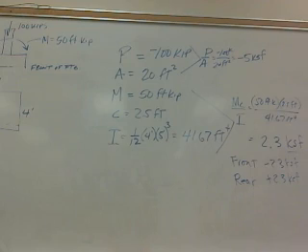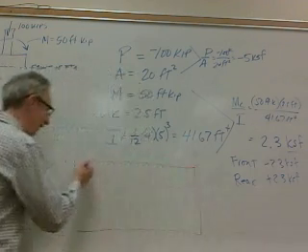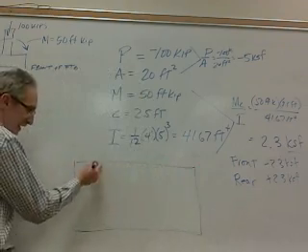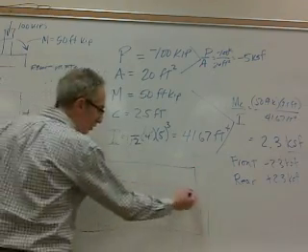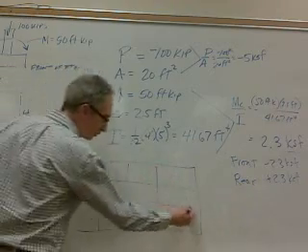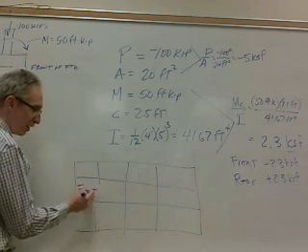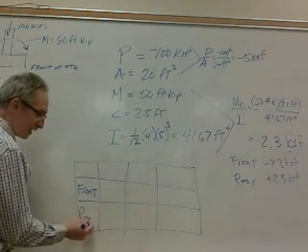What I like to do is create a little table just to keep everything straight. This table can change depending upon how your problem is situated. But what I would do is, I know I've got a front and a rear side of the footing.